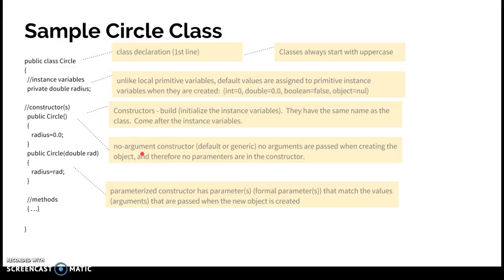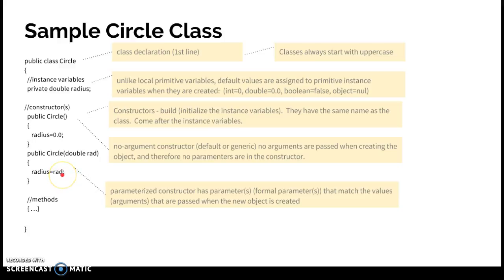The second one is a parameterized constructor, and that's because it has parameters being fed into it. The formal parameters, this is called a formal parameter, match the arguments that are passed when the new object's created, so from the tester. And it assigns radius whatever got passed through. Whatever rad is, it assigns to radius.